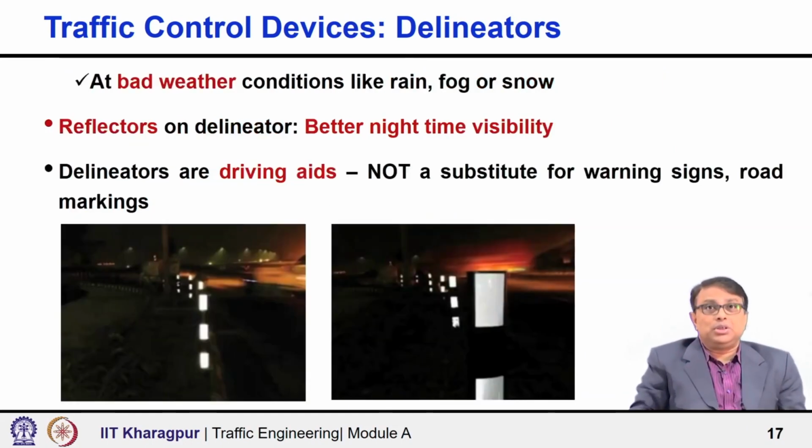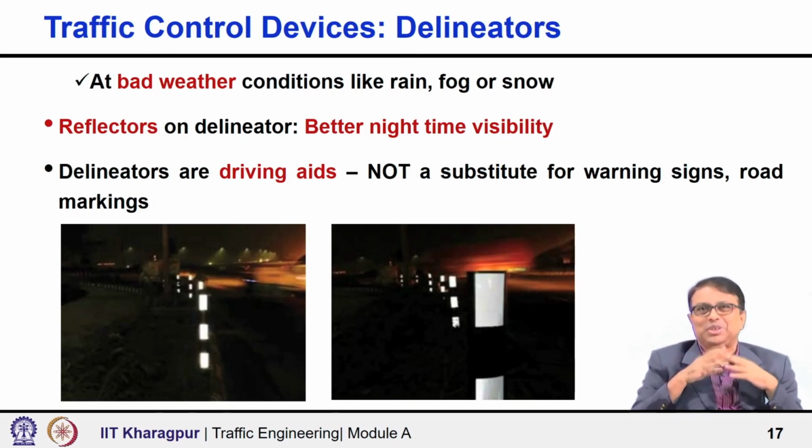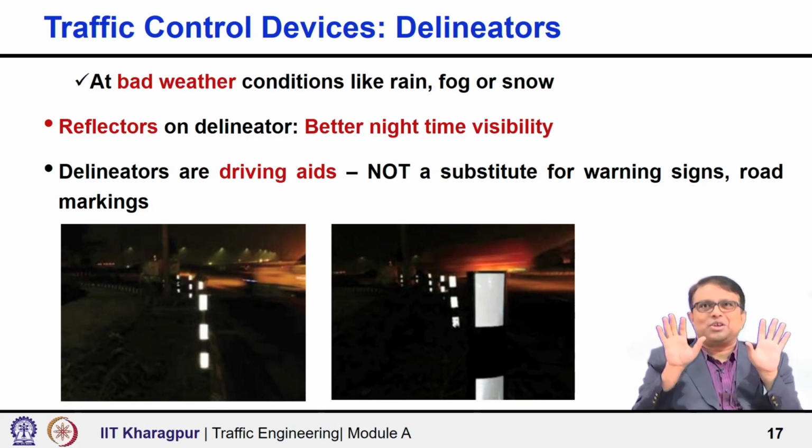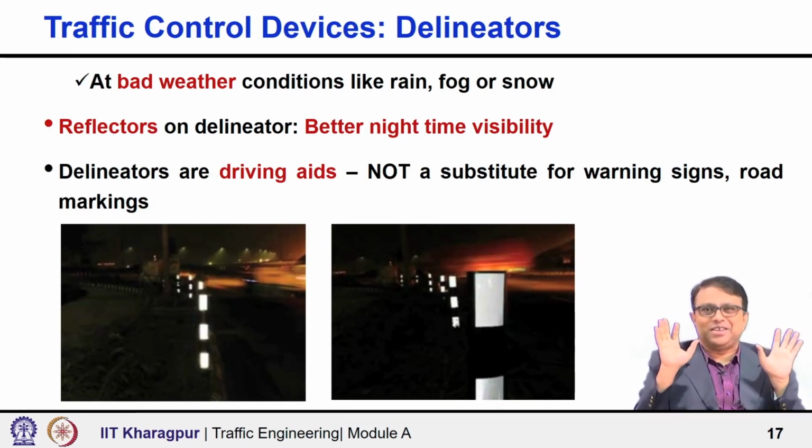Also in bad weather, when there is fog or rain, the visibility is not so good. So there it helps. Often we say use reflectors on delineators. These are fantastic. I have shown you some photographs. At night, when you are driving and the headlight is on, all the things are almost glowing very clearly, and the whole ambience becomes very nice.